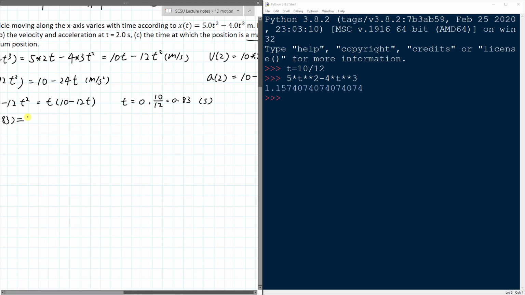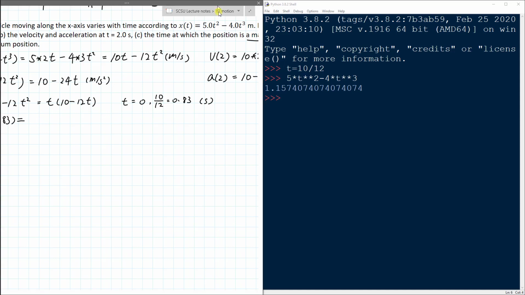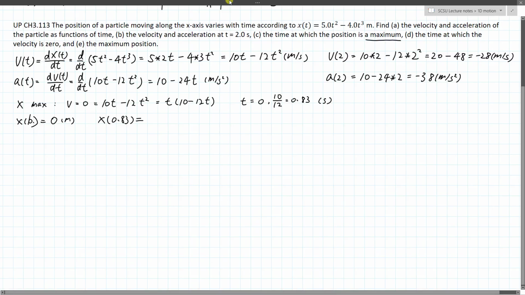This x is 1.116, approximately equal to 1.2 meters.